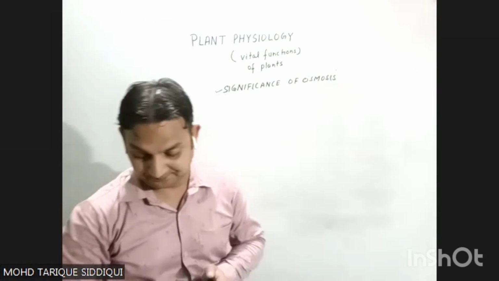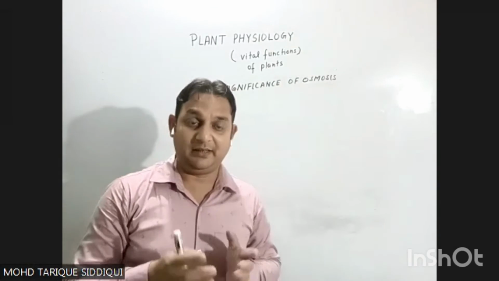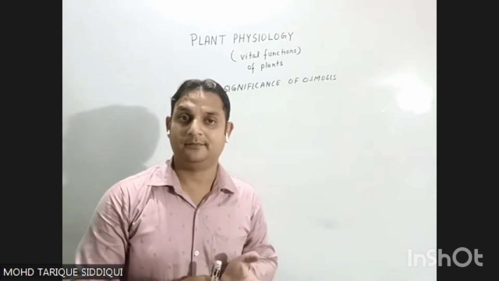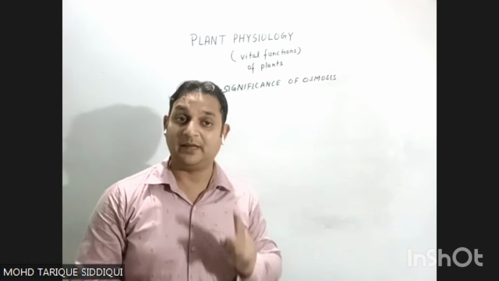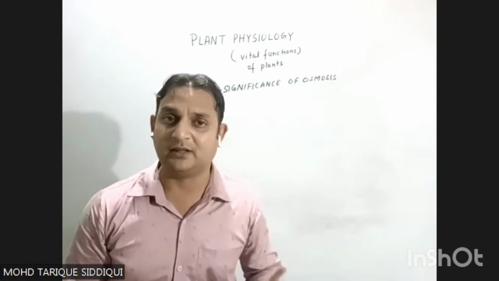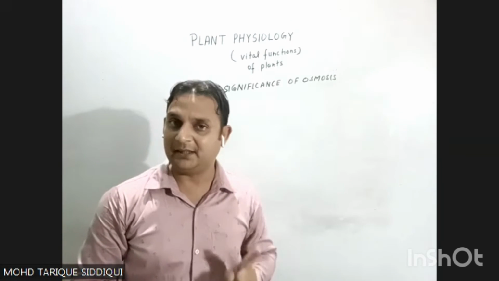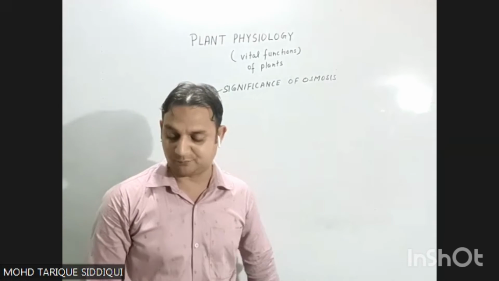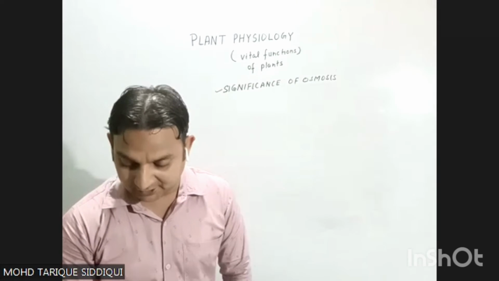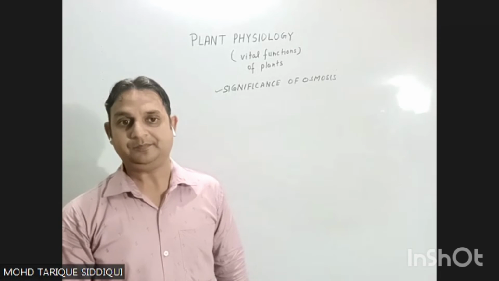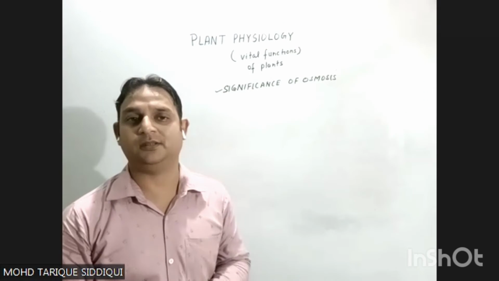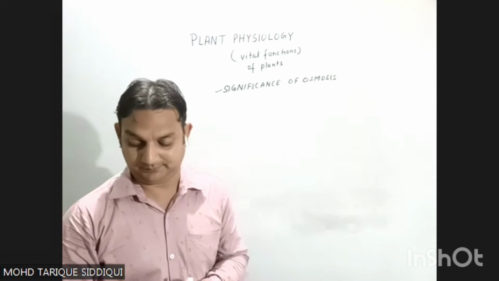Number one, you have seen in nature, the root hair is absorbing water from the soil by endosmosis. Number one, the plant absorbs water from the soil by the root hair, or by the root, by osmosis or endosmosis.